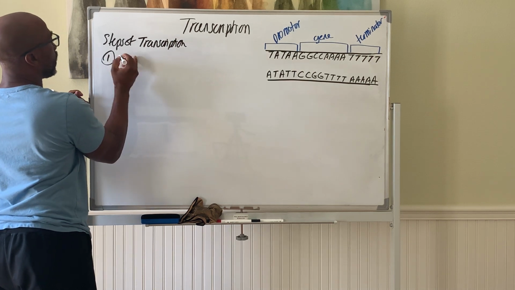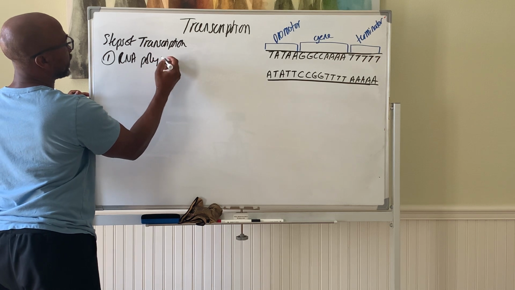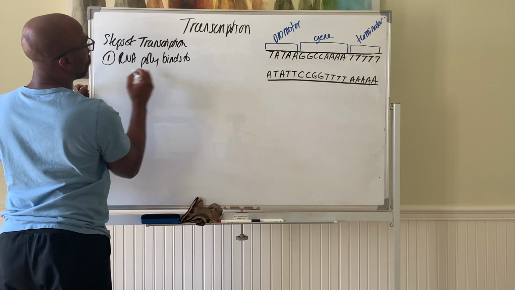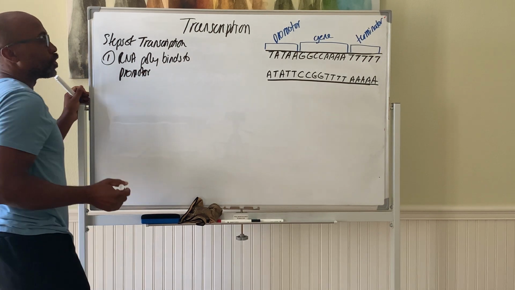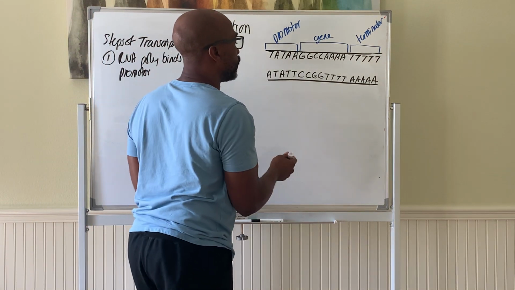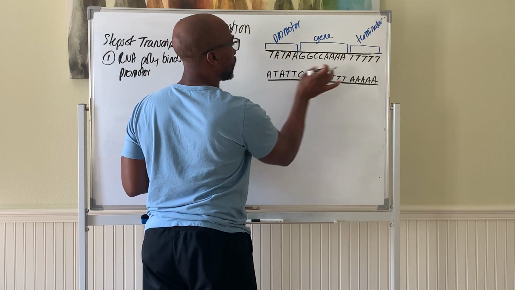Step one, RNA polymerase binds to the promoter. The cell will reveal the DNA part of interest, and then the RNA polymerase will seek out its promoter.